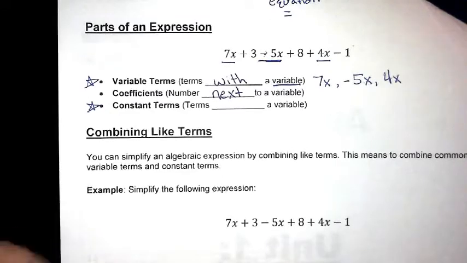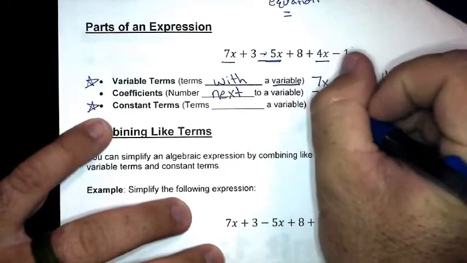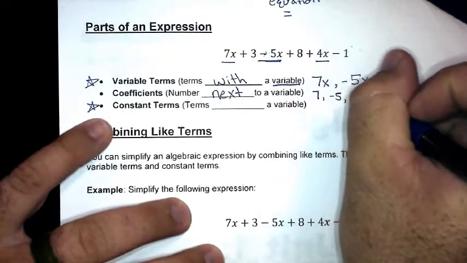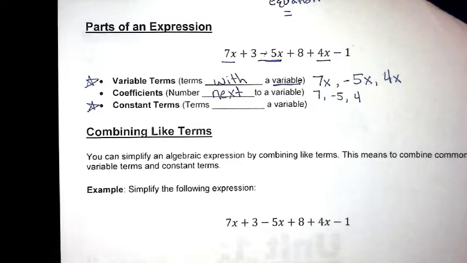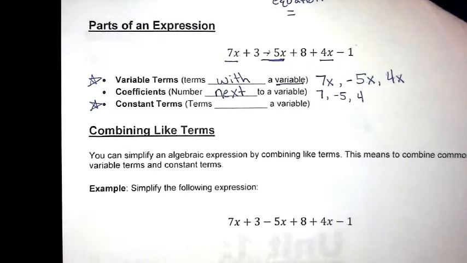And what are they? 7, negative 5, and 4. So again, a coefficient is the number directly next to a variable. That's just one part of an expression.